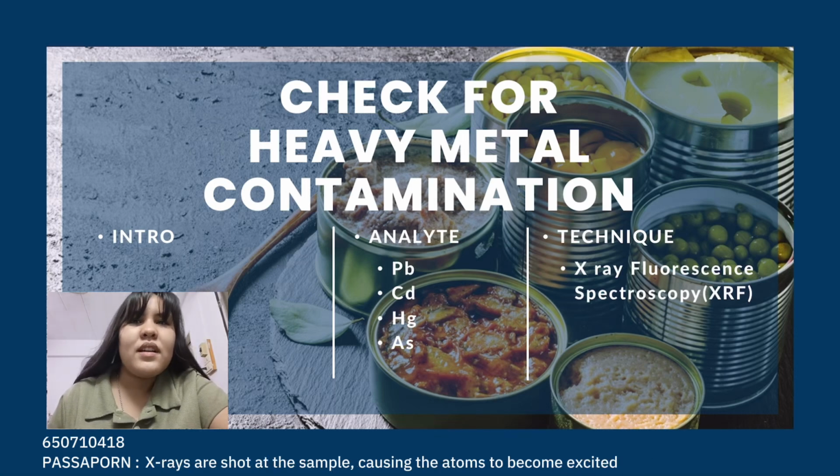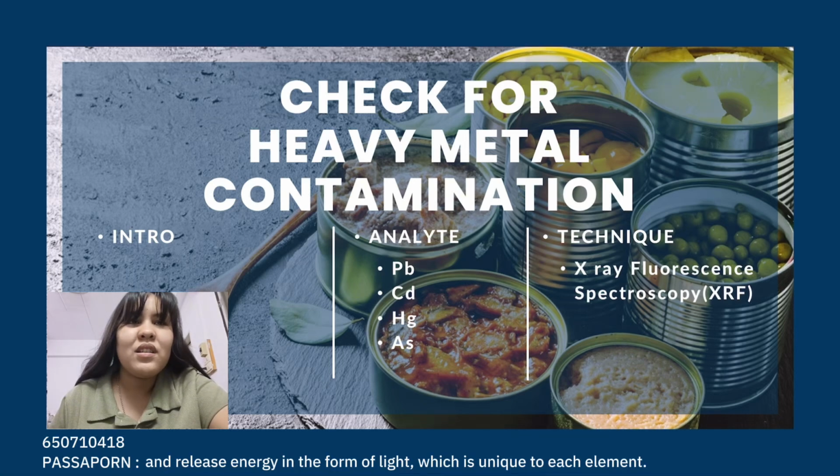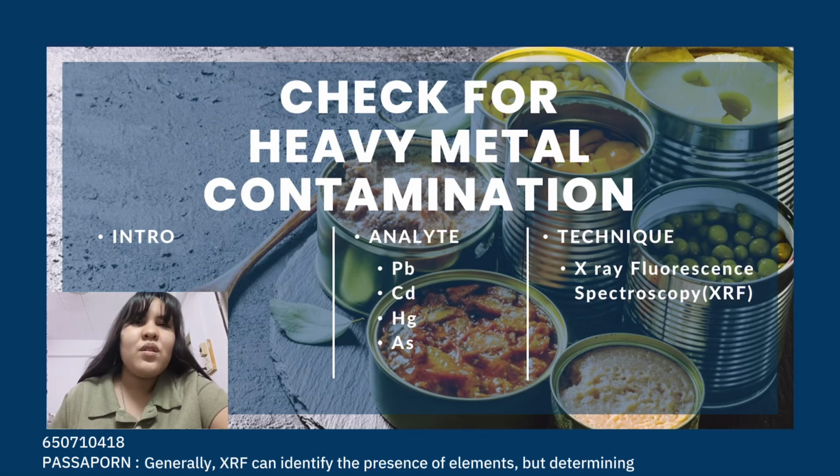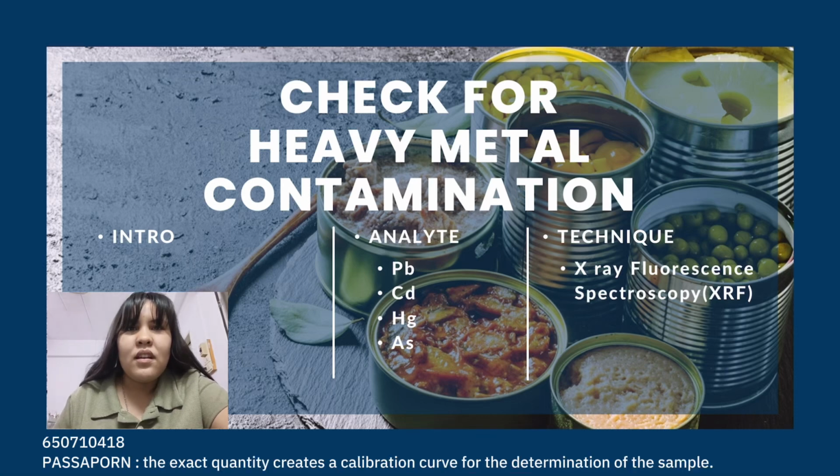X-rays are shot at the sample, causing the atoms to become excited and release energy in the form of light, which is unique to each element. Generally, XRF can identify the presence of elements, but to determine the exact quantity, a calibration curve is created for the determination of the sample.